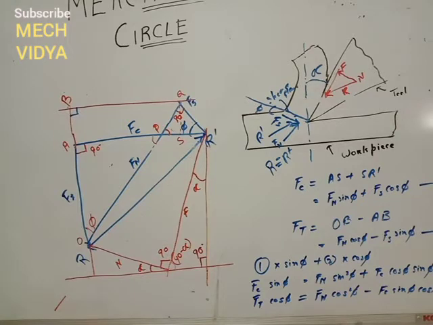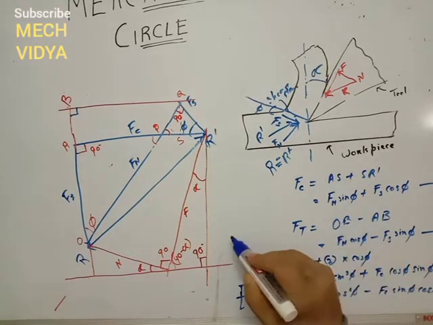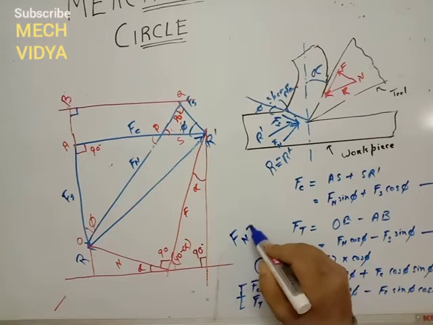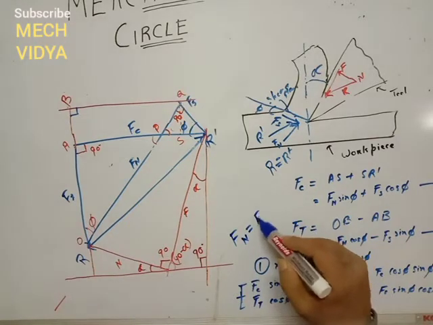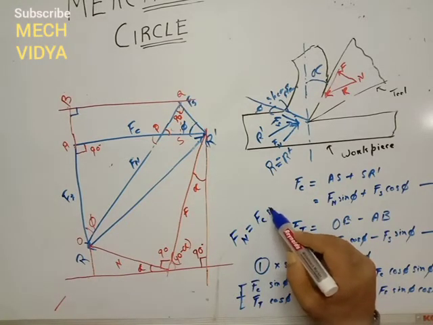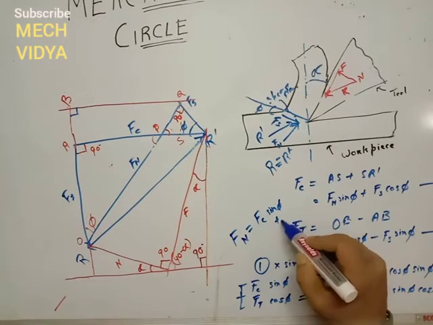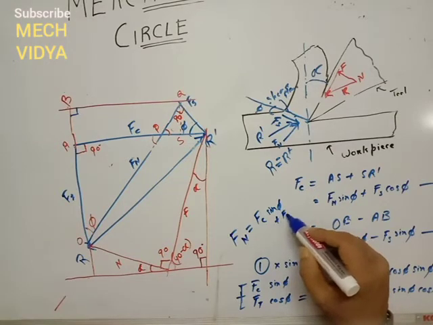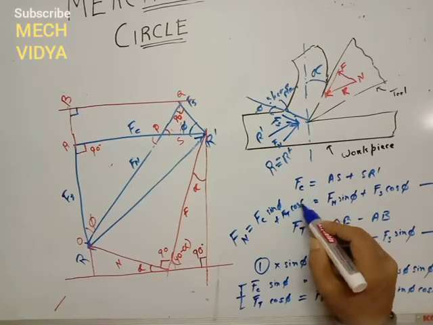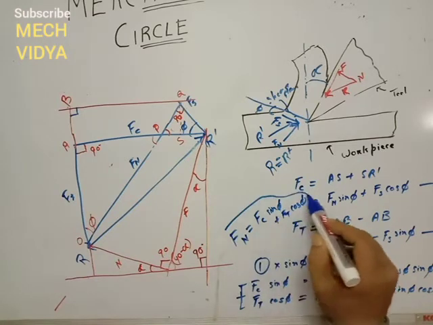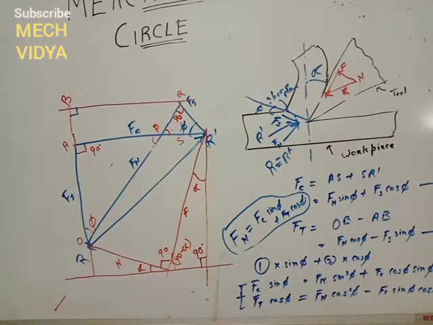Now finally we have to add these two equations. If we add, we will get the value of Fn: Fc sine phi plus Ft cos phi. This is the value of Fn.